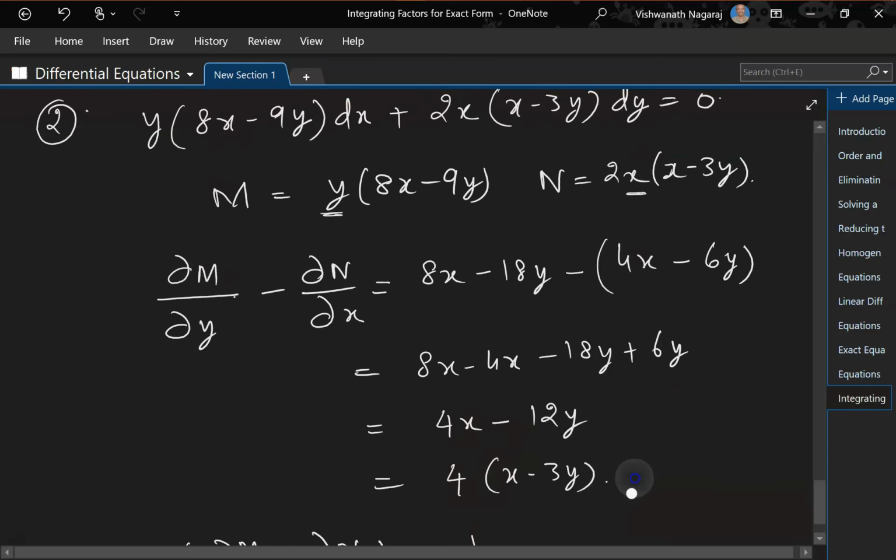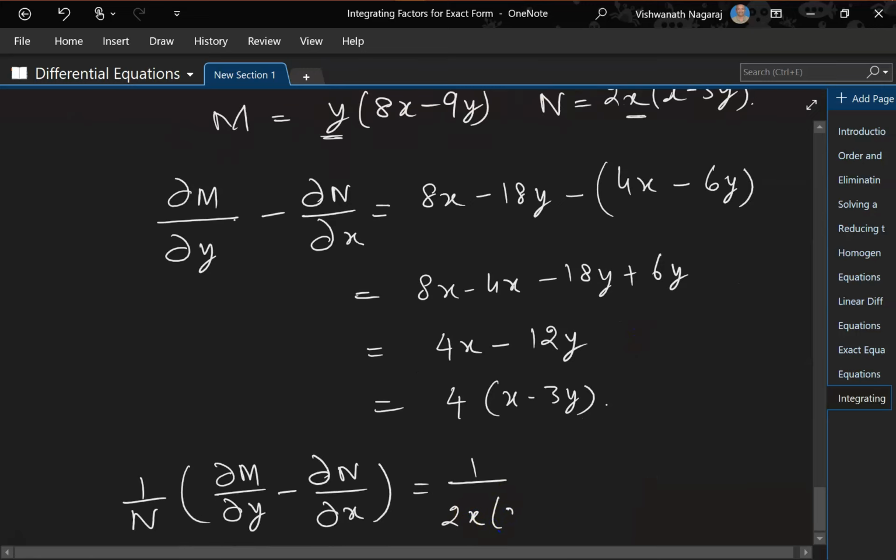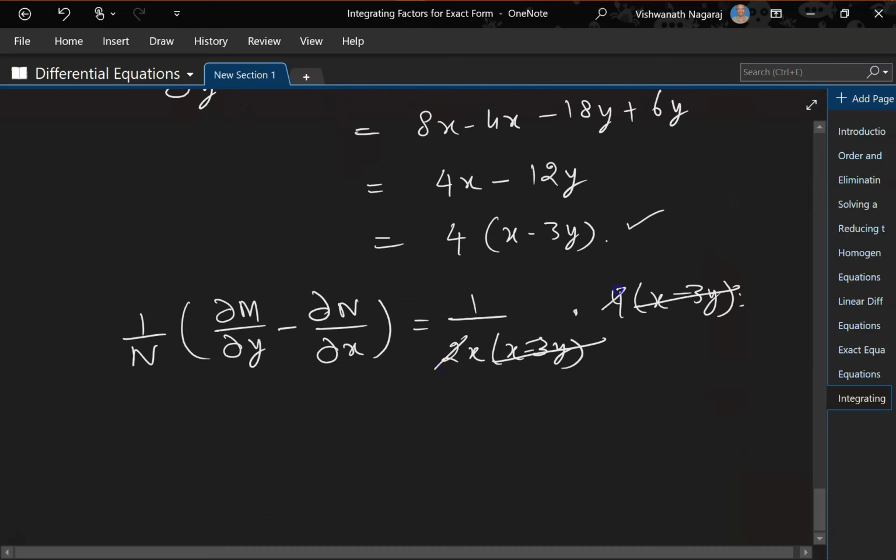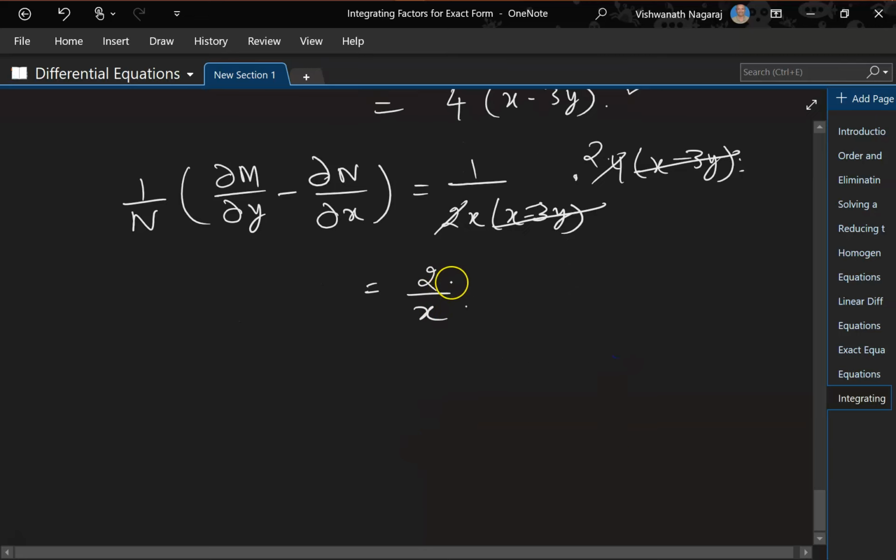Now 1 by 2x times x minus 3y, times 4 times x minus 3y. So x minus 3y gets cancelled. 2 2's are 4, so we are left with 2 by x. Now see here, this is a function of x only. That means y has disappeared.